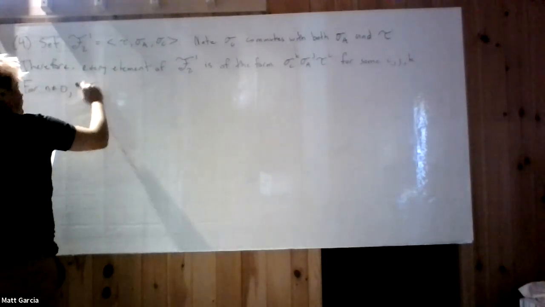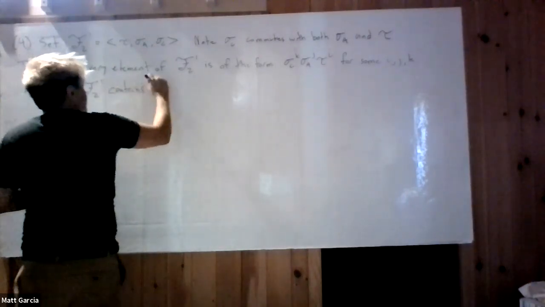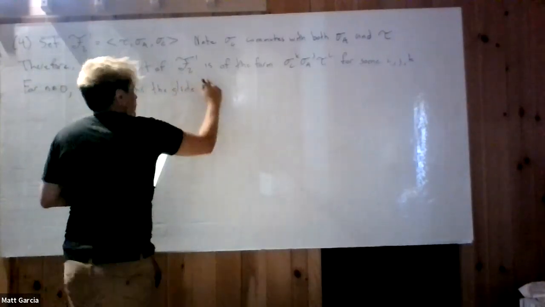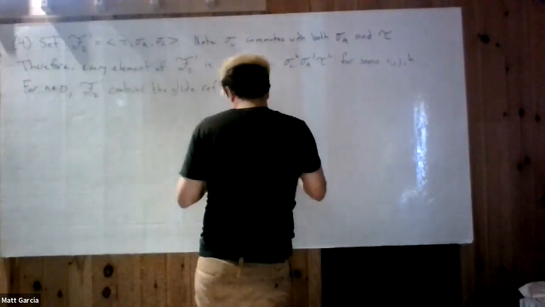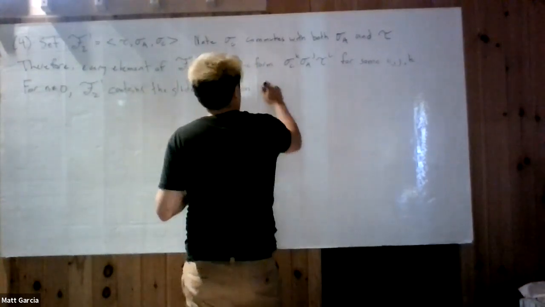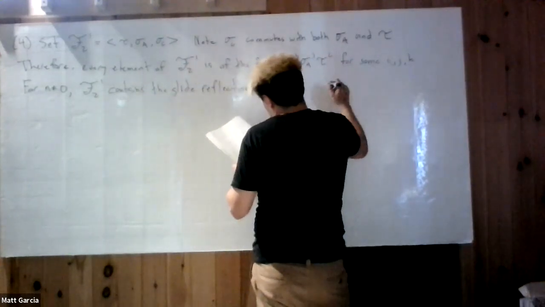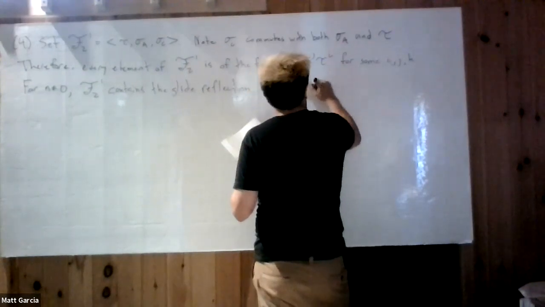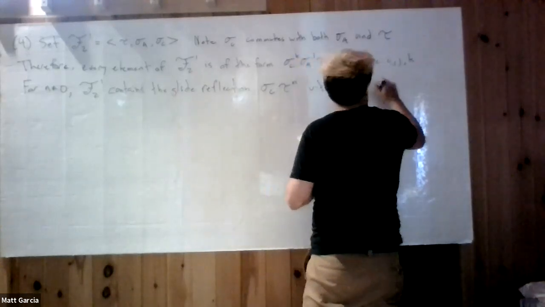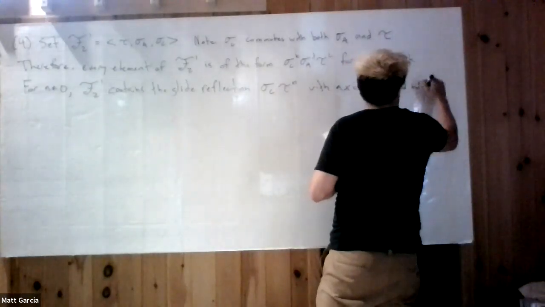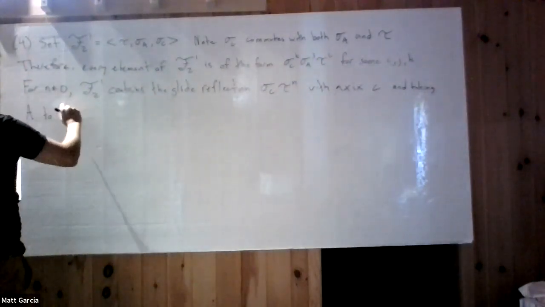We have that F21 contains the glide reflection sigma C tau to the n, with, of course, axis C, taking A to A sub n.